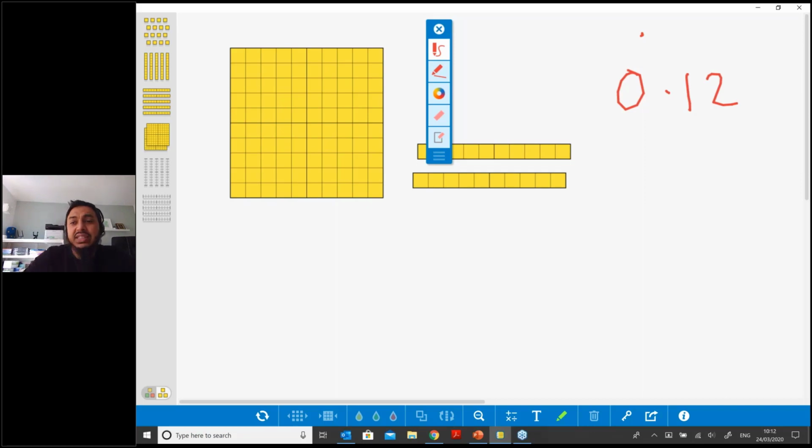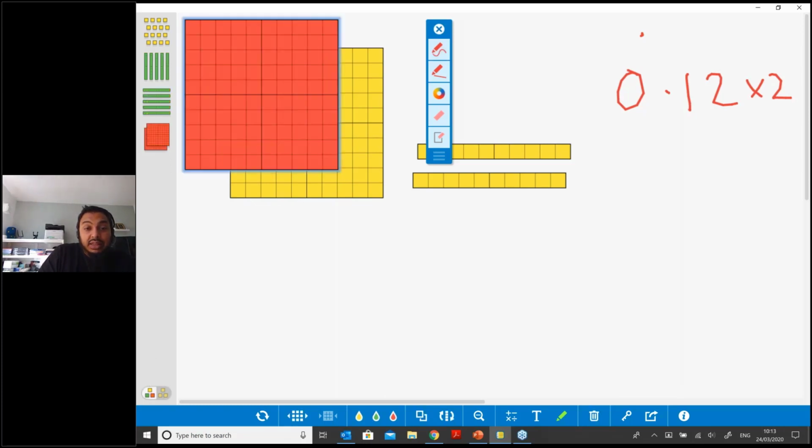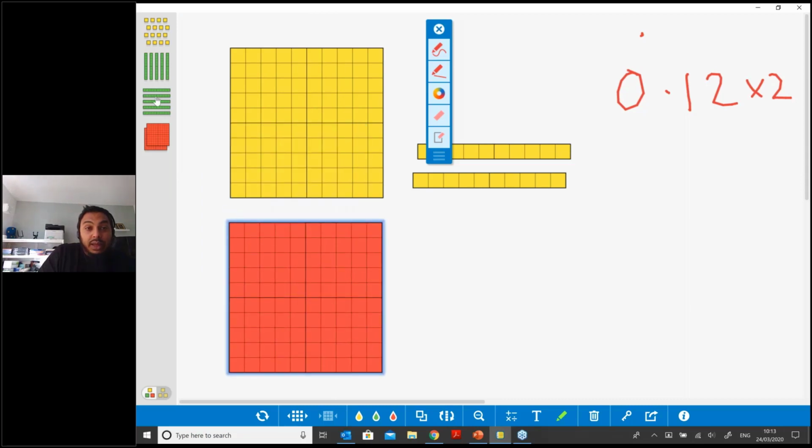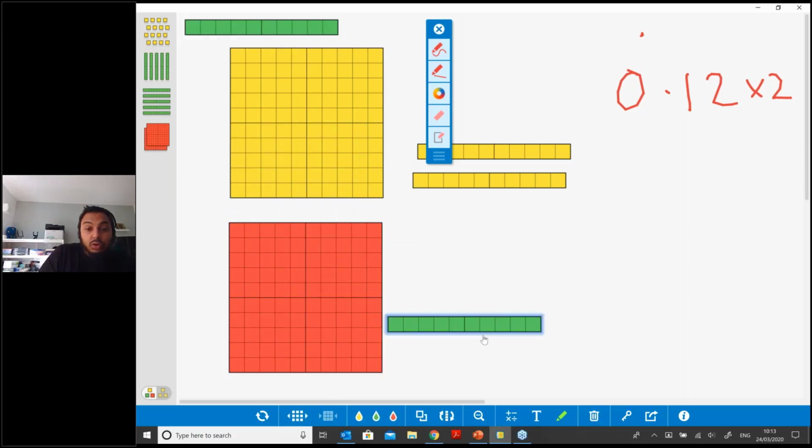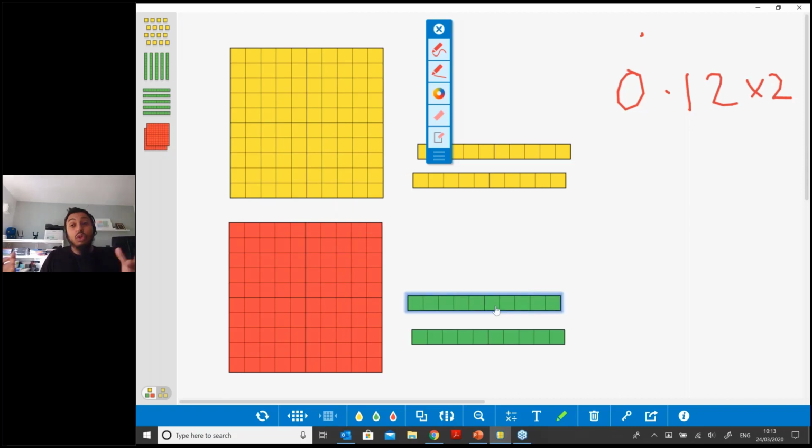If I say 0.12 times 2, how would I show that? Well, that would be really easy because all I'm saying is 0.12, and I'm going to have 2 lots of 0.12s. So I could change the color and say this is another 0.1 and another 0.02 here. So 0.12 times 2 looks like this, 2 lots of 0.12.